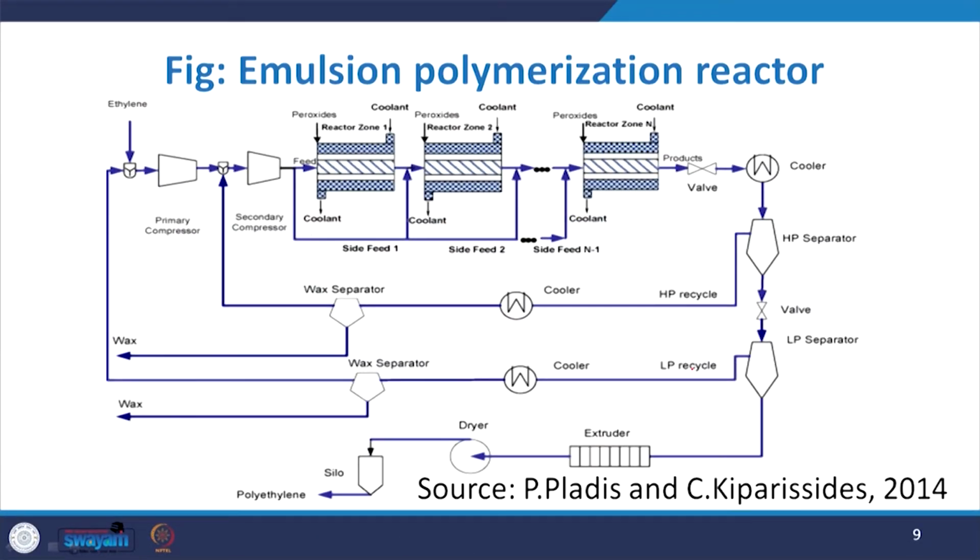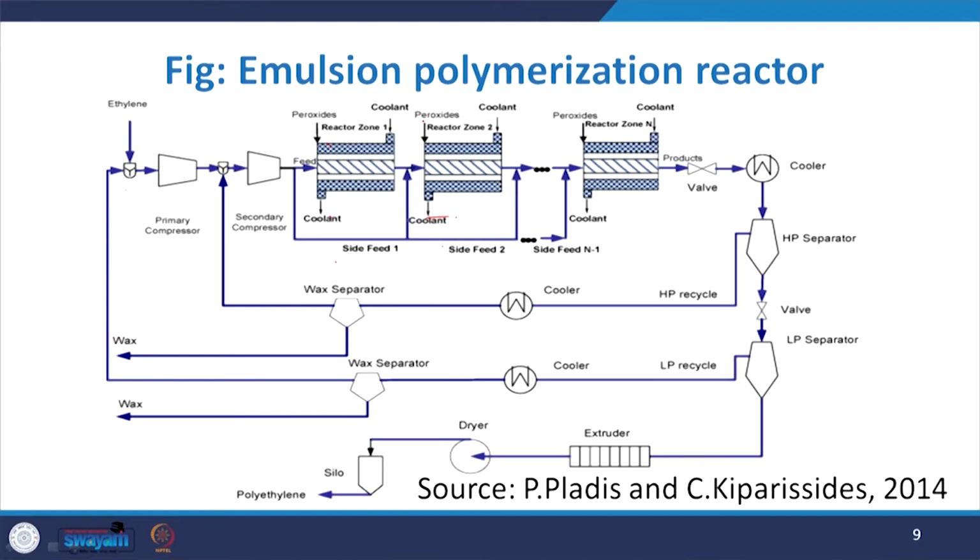Now, here you see that we have represented an emulsion polymerization reactor. This is for the production of polyethylene. Here the ethylene is subjected to the primary compressor and secondary compressor, and then there are two-stage side feeds where the peroxides, which are the initiators, are added to the different reactor zones.